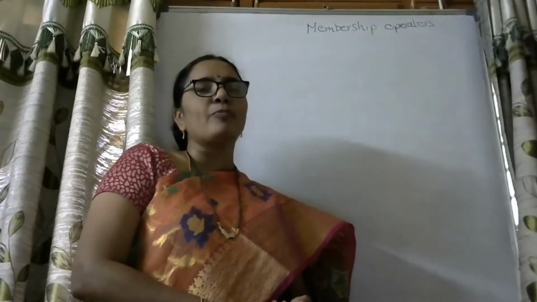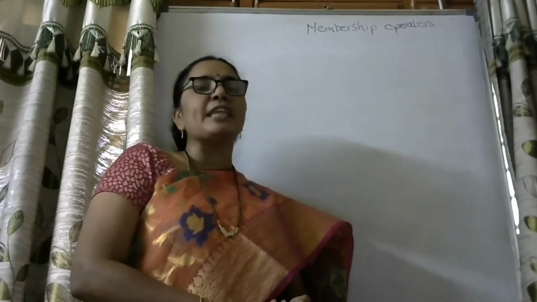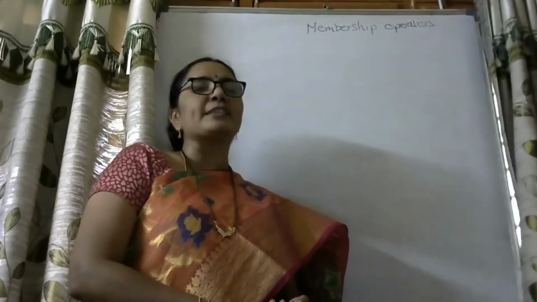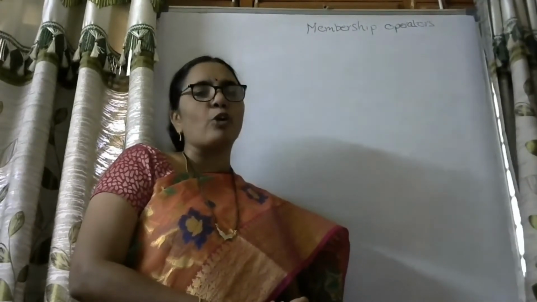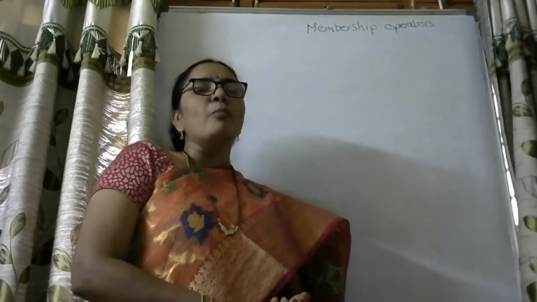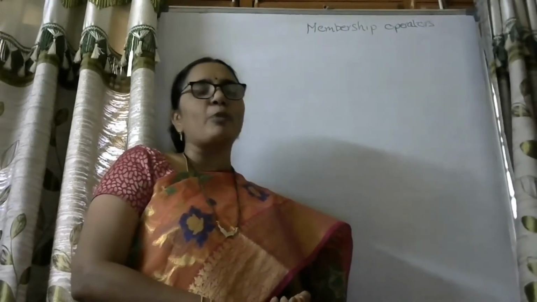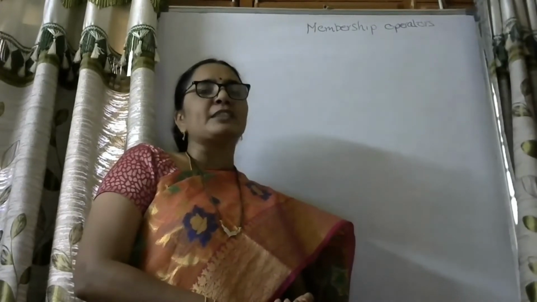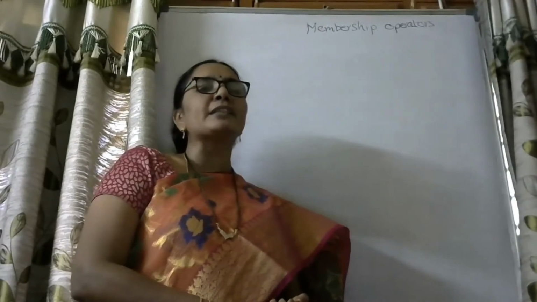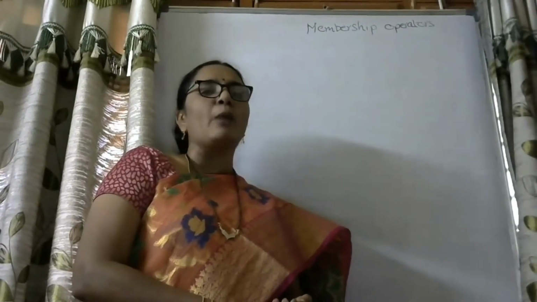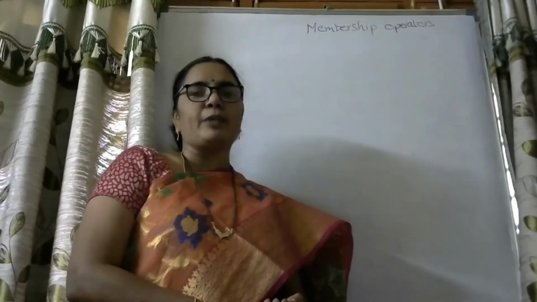What is a tuple? The difference between the list and the tuple is that list is mutable, tuple is immutable. Mutable means you can change the items of the list. Once the contents are assigned to the tuple, during the execution of your program, the contents of the tuple cannot be modified.